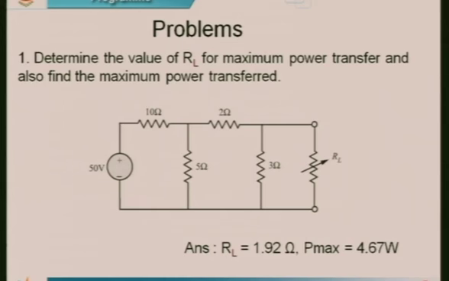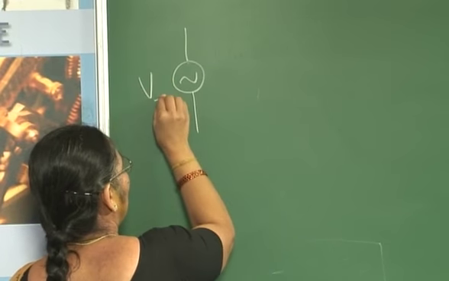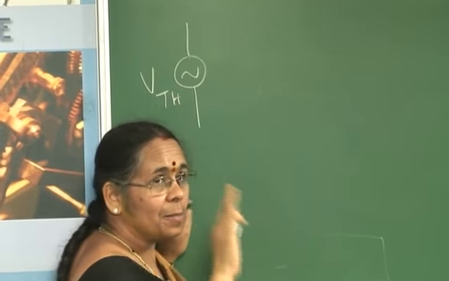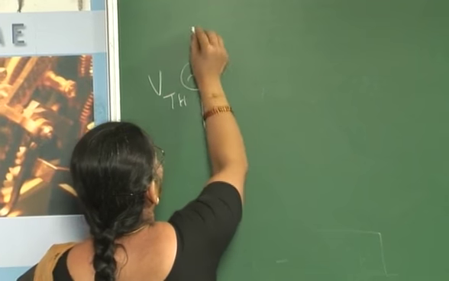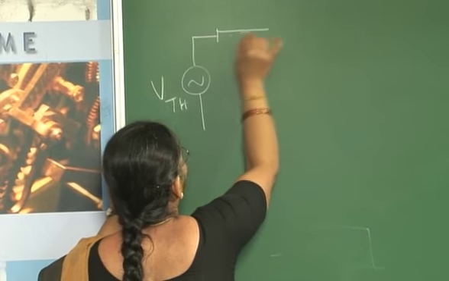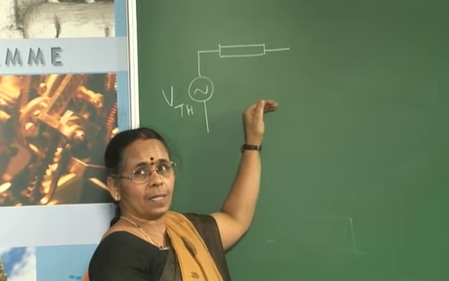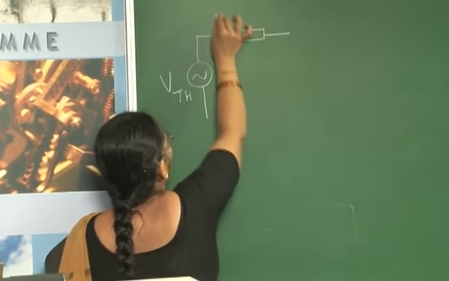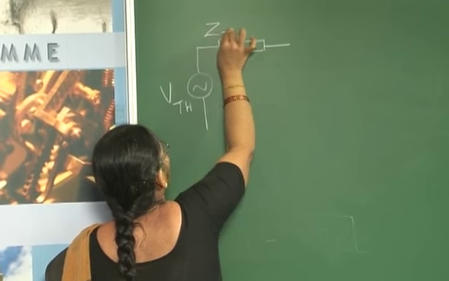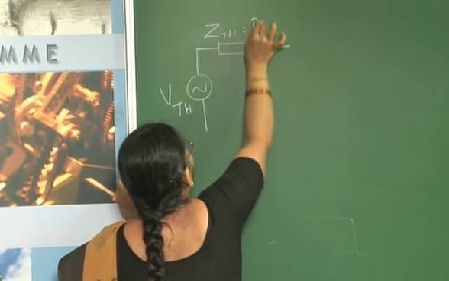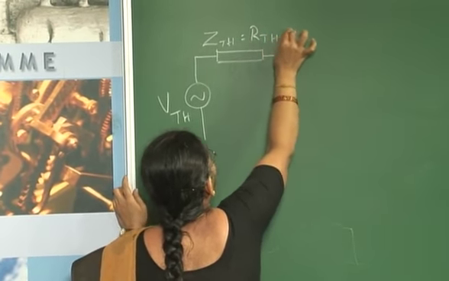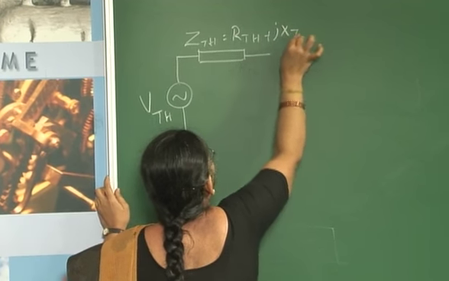The circuit is an AC circuit. Let me call it V Thevenin itself, because after simplifying a complex network, let us assume that we have got the Thevenin's equivalent circuit, here V Thevenin, and this is Z Thevenin, which is equal to R Thevenin plus J X Thevenin.